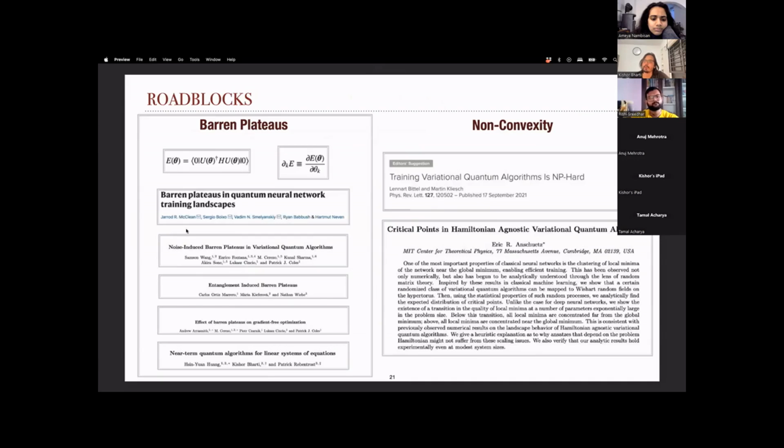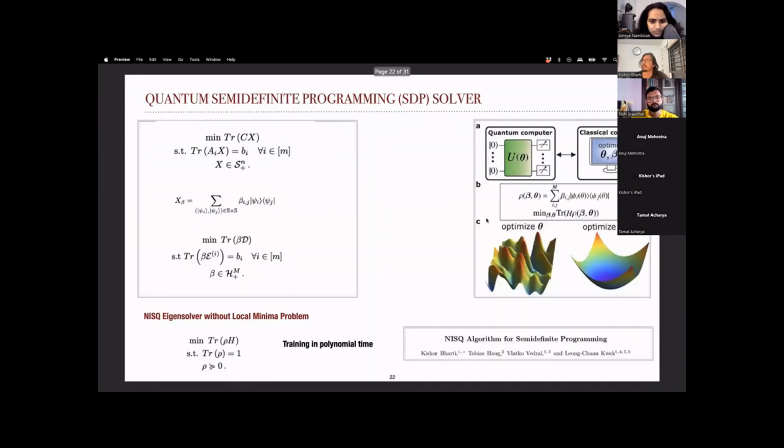This is a big problem. It has been studied, and people have written several papers. I think in one of the papers we talked about this problem-induced barren plateau with Patrick. Moreover, there is this non-convexity issue, which says that training a variational quantum algorithm is NP-hard, and there are other challenges related to critical points and so on. Just mentioning that there are many challenges.